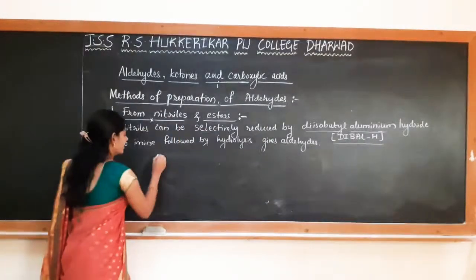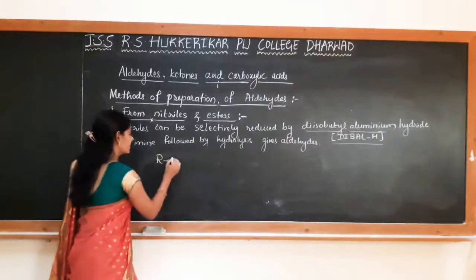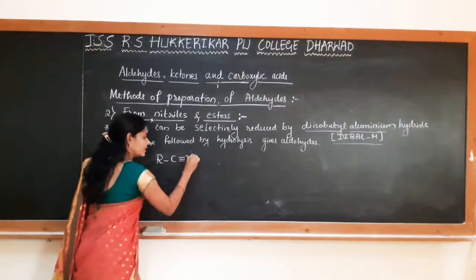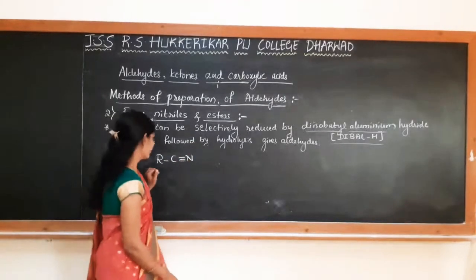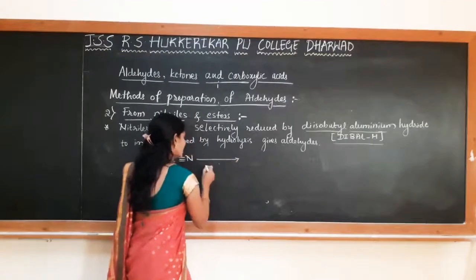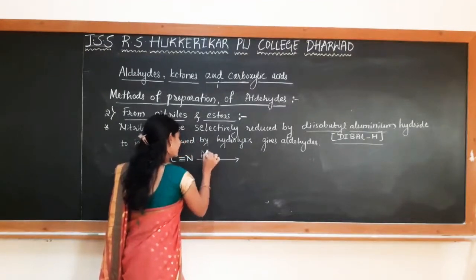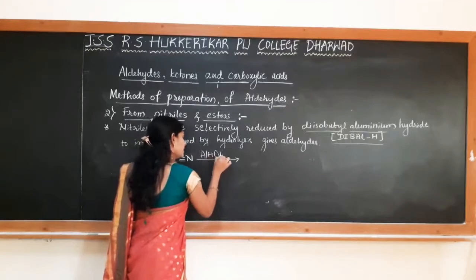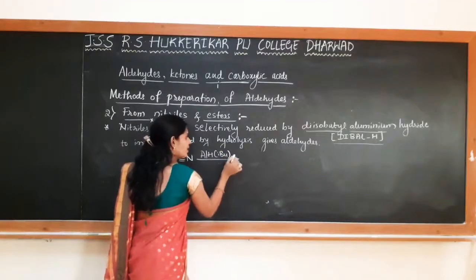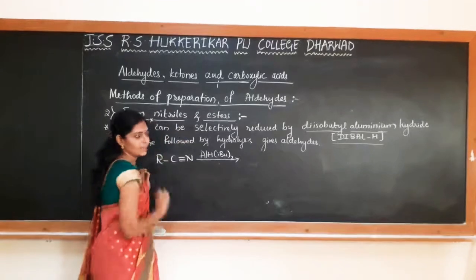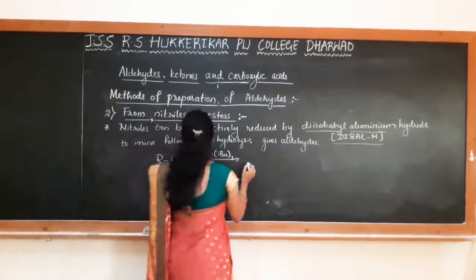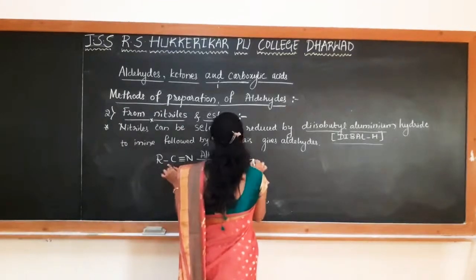The general reaction for this can be written as, the nitrile is represented as RC triple bond N. When this is treated with diisobutyl aluminium hydride, which can be written as DIBAL-H, first it undergoes reduction.